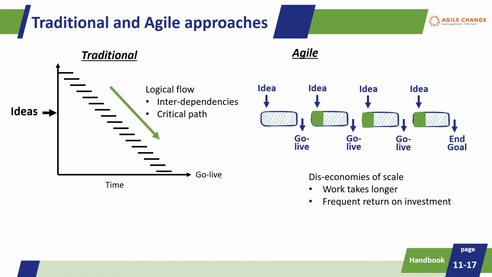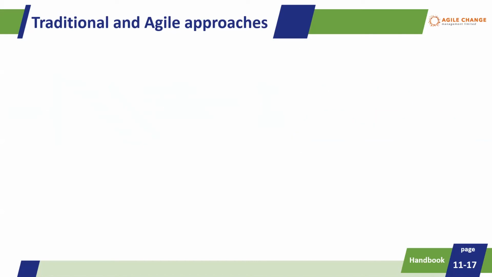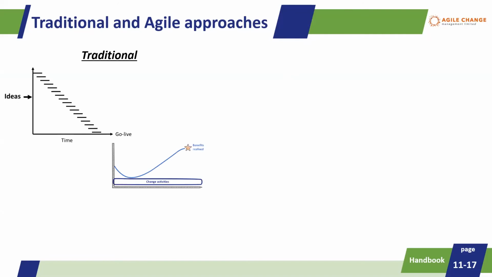Finally, we can't ignore the fact that with a traditional approach, when we're ready to go live, this is when we're really triggering that transition curve, that change management experience that people have, where they have to abandon old ways of working and get used to the new ways of working.